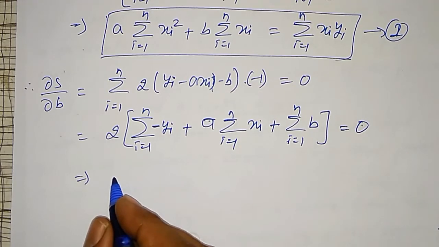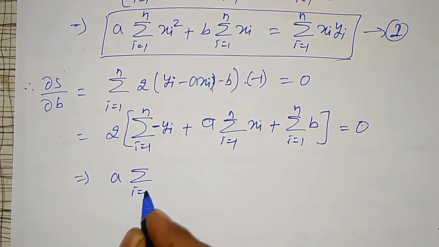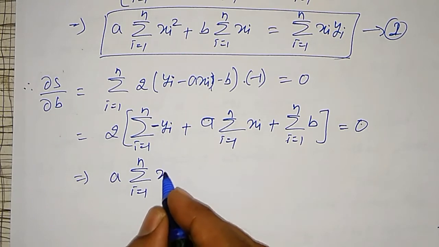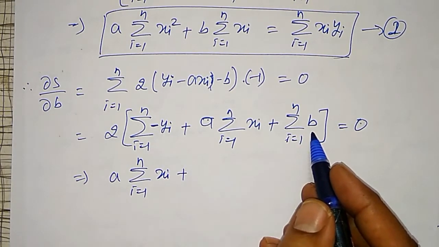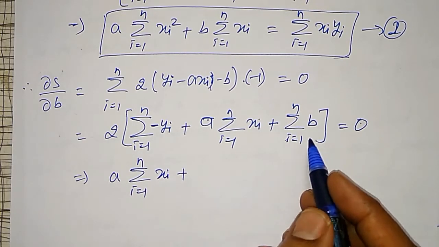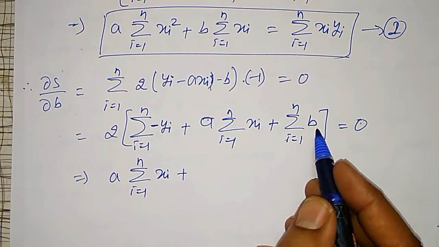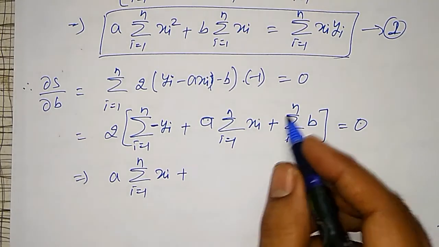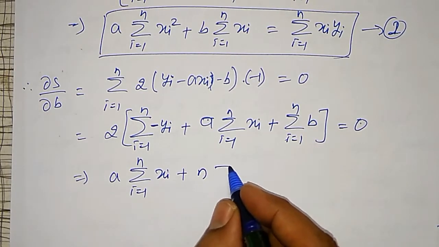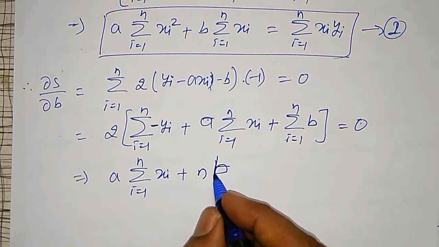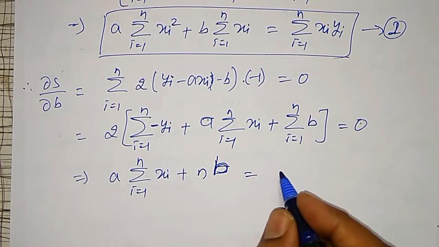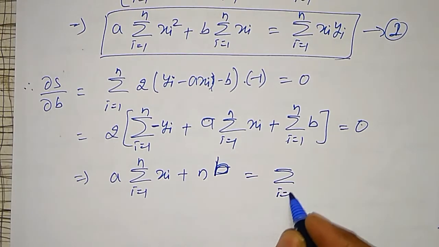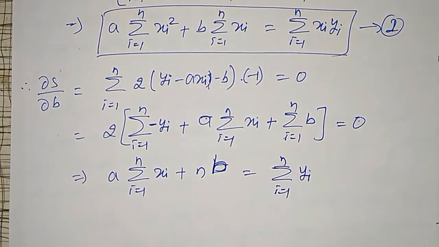This is a into summation i equal to 1 to n xi plus b. Here x is varying from i equal to 1 to n and y also varies from 1 to n, whereas b is added n times, therefore it is n times b, which is equal to, shifted to the other side, summation i equal to 1 to n yi.